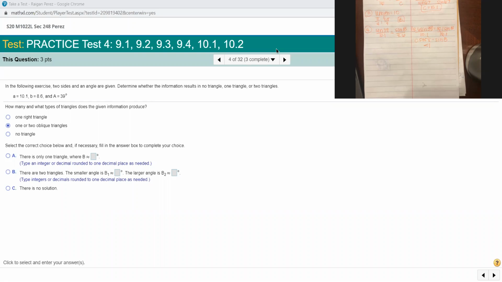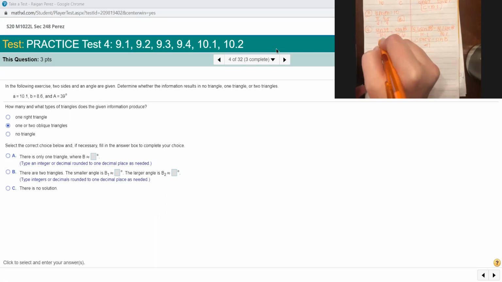But I'm back. Okay, so when it's less than 1, it's one or two oblique triangles. If it equals 1, it's one triangle. And if it's bigger than 1, it's too big, so it's no triangle. So now you have to figure out, is it 1 or is it 2? So you gotta find out what B would be. So then you just take this and plug it in as sine inverse.